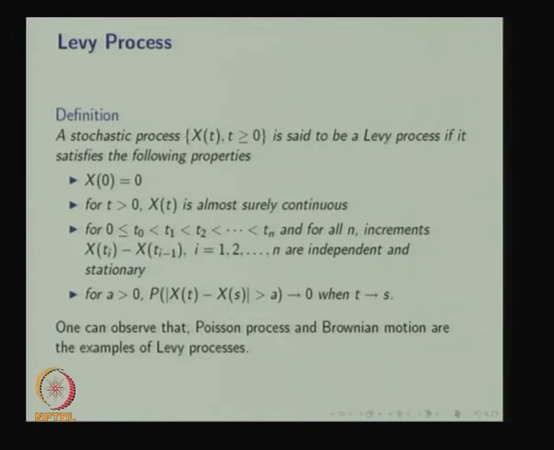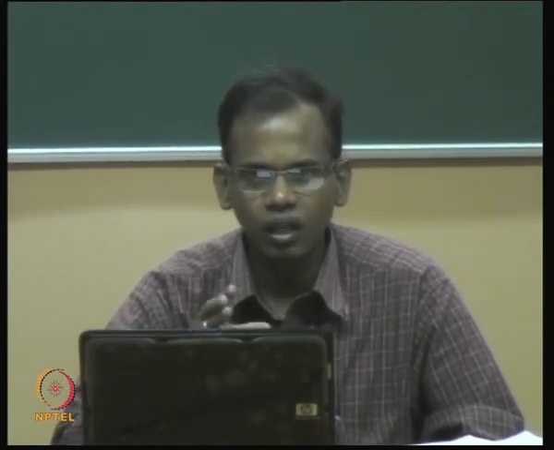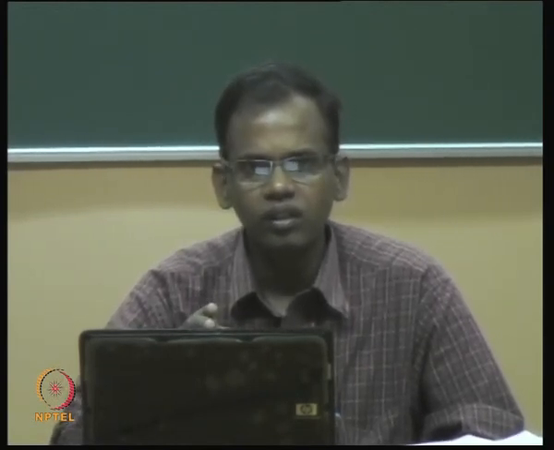The Poisson process sample paths are right continuous, because the inter-arrival times of events are independent and exponentially distributed with parameter lambda. Therefore, whenever some event occurs, the sample path increments by one unit and stays at the same value till the next event occurs.